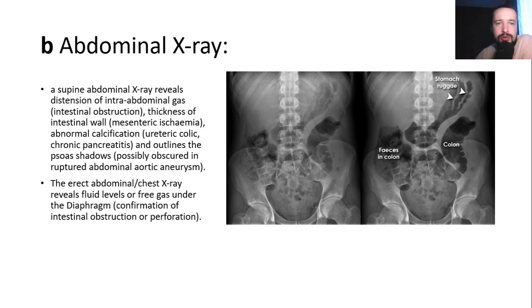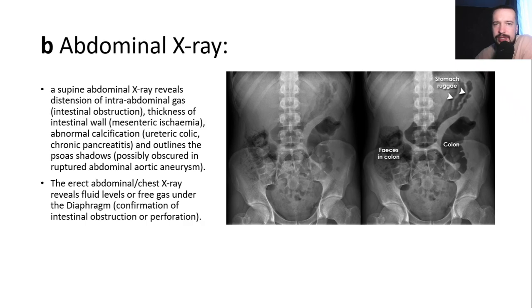A supine abdominal X-ray reveals distension of intra-abdominal gas, intestinal obstruction, thickness of intestinal wall, mesenteric ischemia, abnormal calcification, ureteric colic, chronic pancreatitis, and outlines the psoas shadows, possibly obscured in ruptured abdominal aortic aneurysm. The erect abdominal and chest X-ray reveals fluid levels and free gas under the diaphragm.